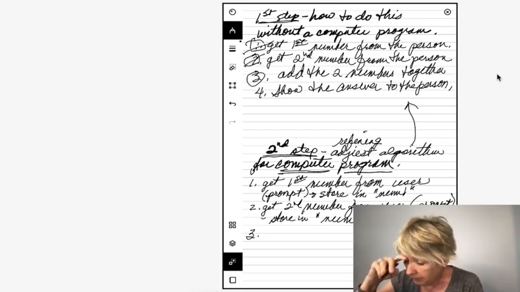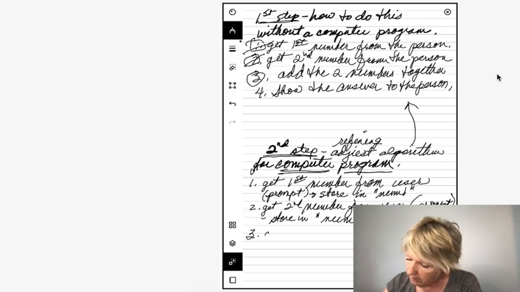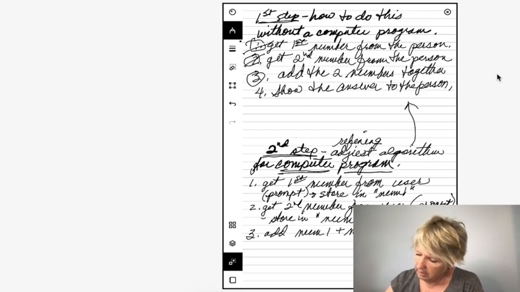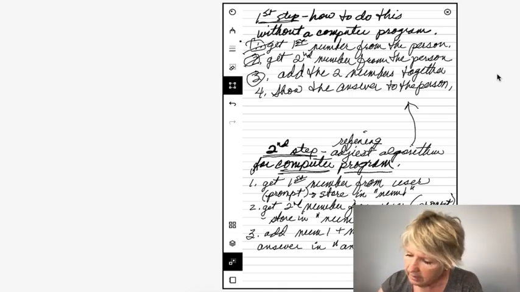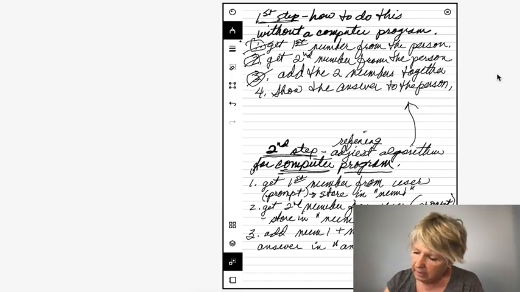Add the two numbers together. Okay, so I'll add num1 plus num2, and I have to store the answer in a container that I'm just going to name answer, because that makes sense to me. Okay, so now I've got the numbers added together, and show the answer to the person.